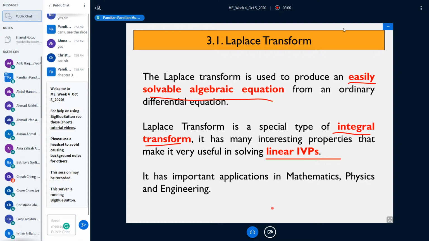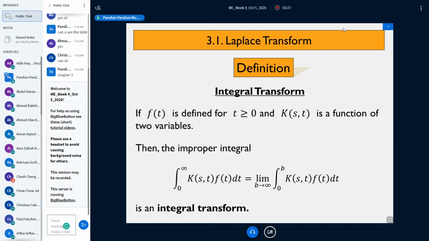For the application, you need not worry very much, because there are many applications in science, engineering, business, economics, finance, computing, and so many fields. We cannot highlight everything here. At the moment, what is important is that you build a very strong foundation on the method.